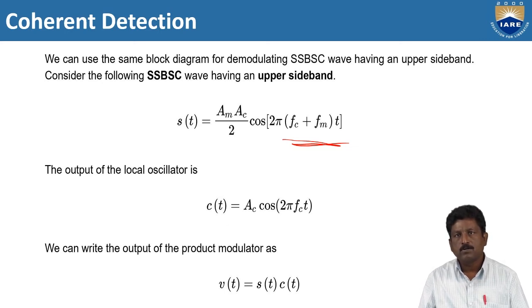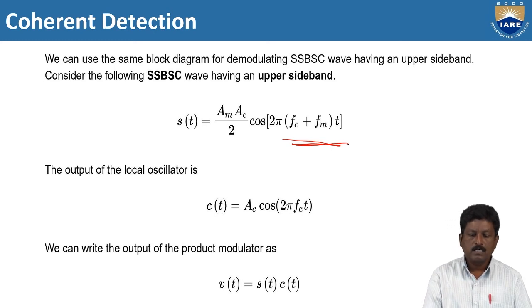For this case, we take the operation of detection. Finally, we retrieve the original signal m(t) = Am Ac/2 cos 2πfmt, our original modulating signal. This is how we recover the original signal by considering the lower sideband.